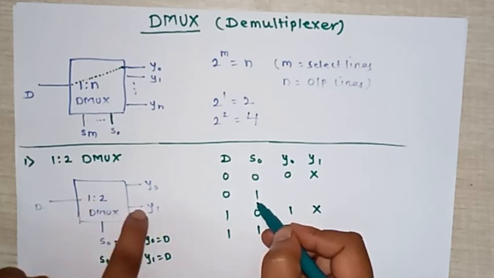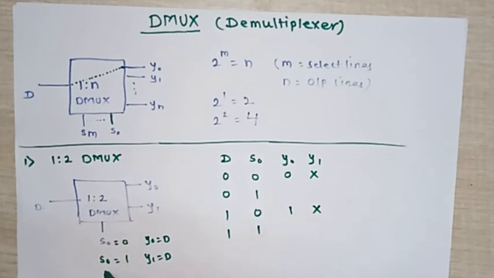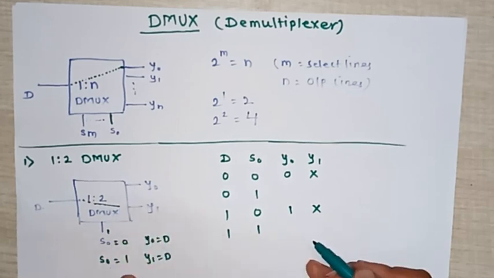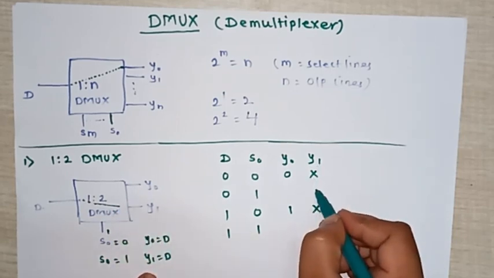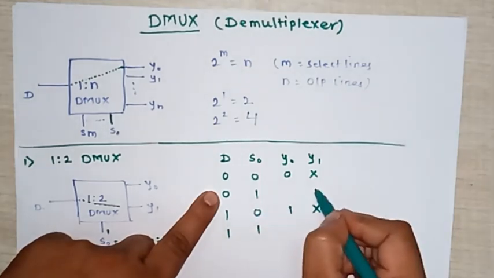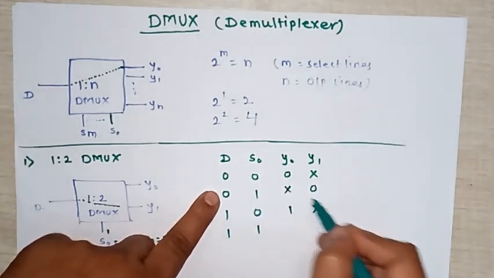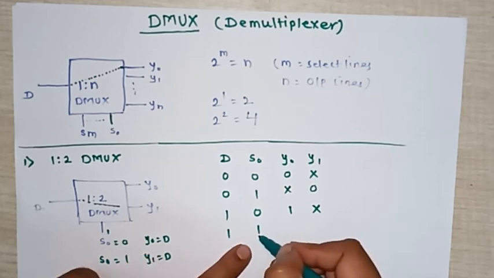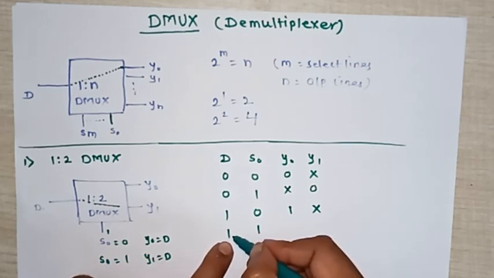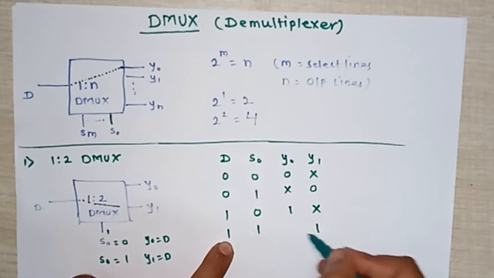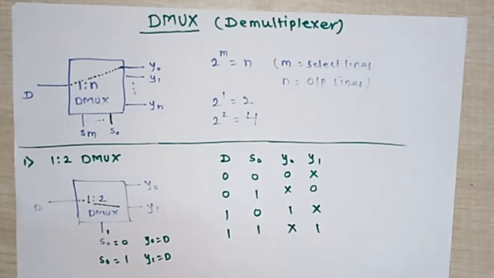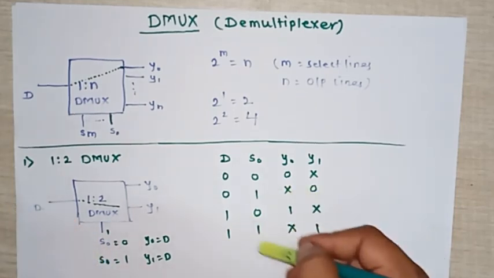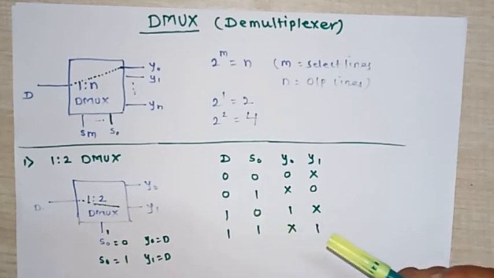So when S0 is 1, the output Y1 is connected to D. For D equal to 0, Y1 is 0 and Y0 is don't care. Again for 11, D is 1, so Y1 is 1 and Y0 is don't care. So this is the truth table of this 1 to 2 demux.